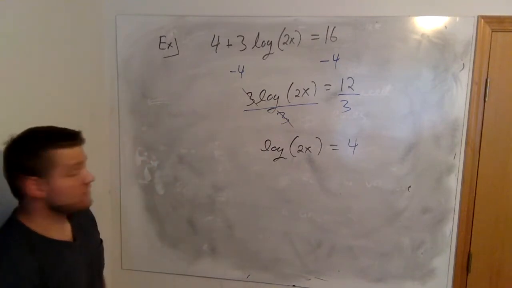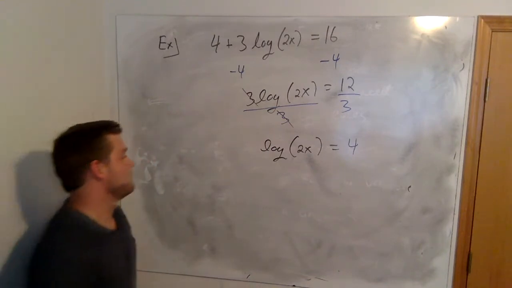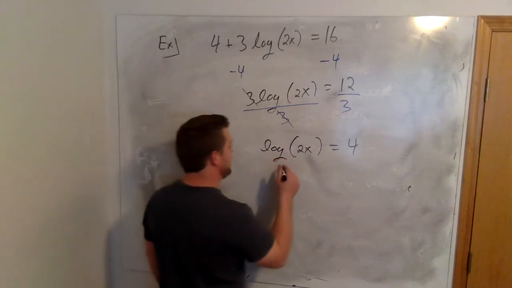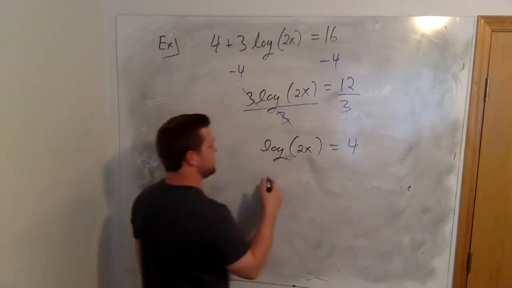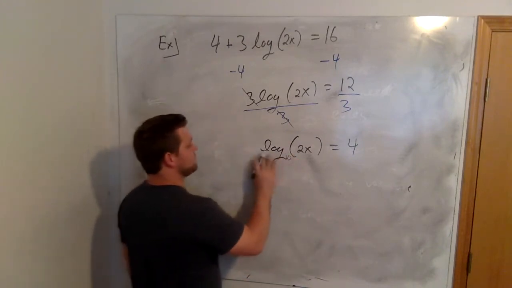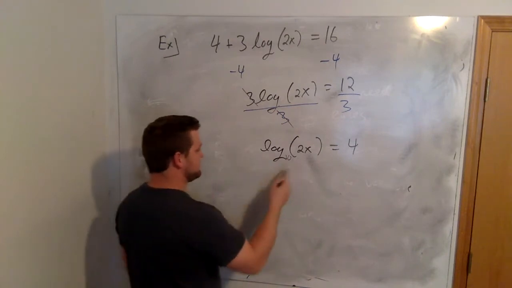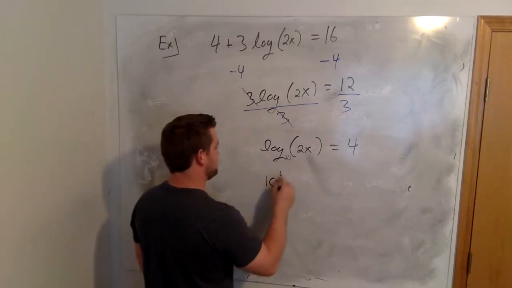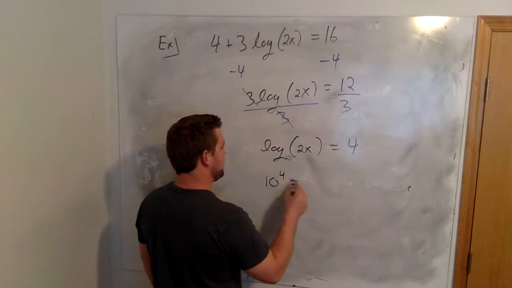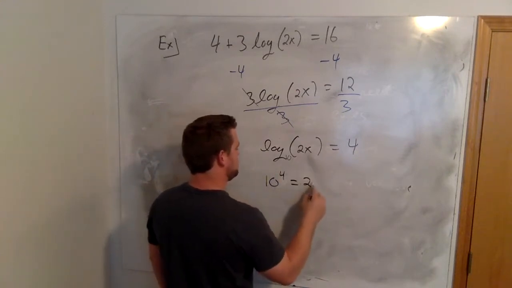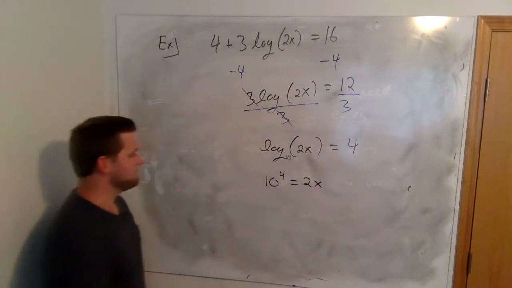Now we're going to switch into exponential form. This is log base 10, since there's no base there, it's just log, it's base 10. So this is the same thing as 10 to the 4th is equal to 2x.